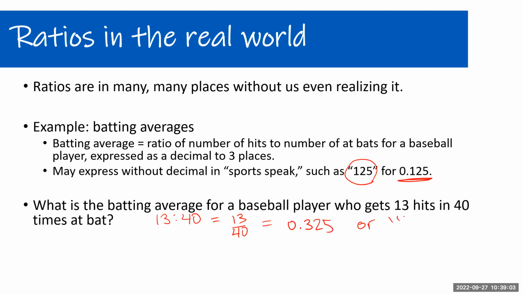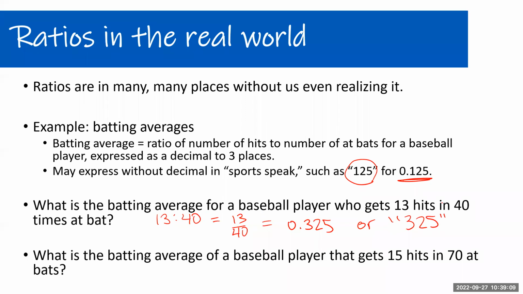But sometimes you might hear this presented as just simply 325. What about the batting average of a baseball player that gets 15 hits and 70 at-bats? You can pause this and solve it on your own. But this was just going to be 15 out of 70, which would be 0.214, or in baseball speak, 214.